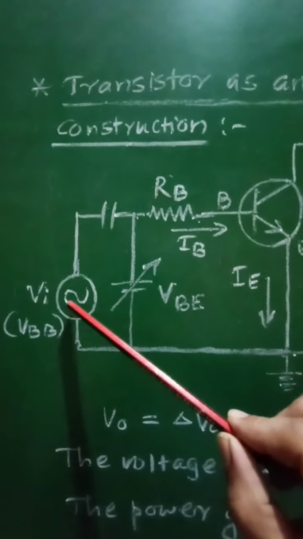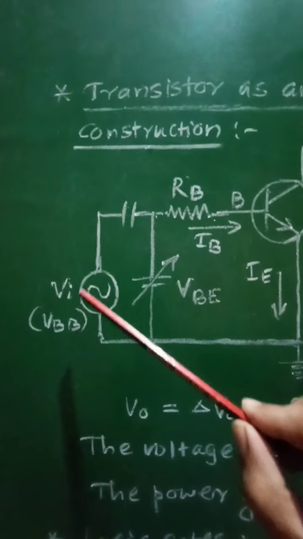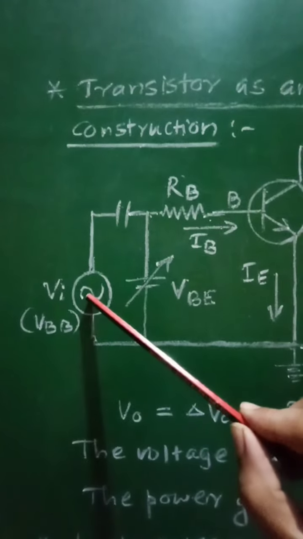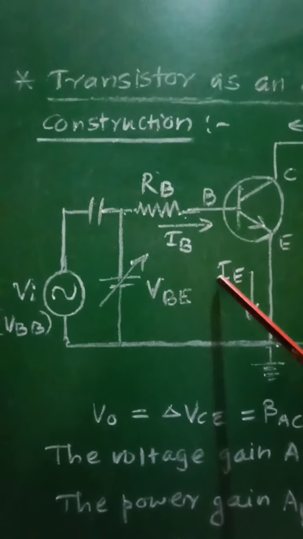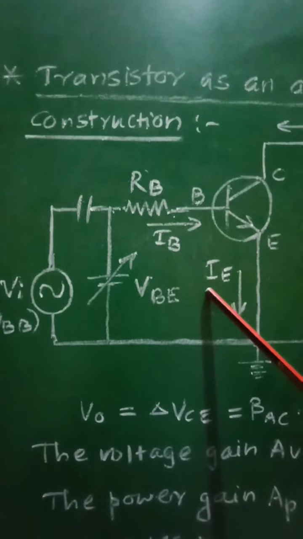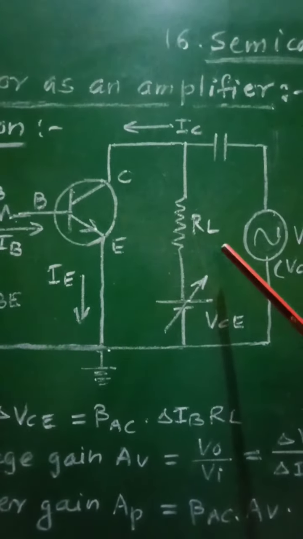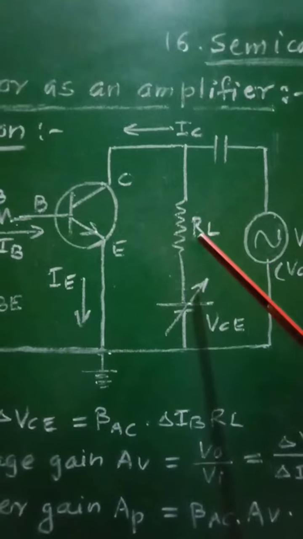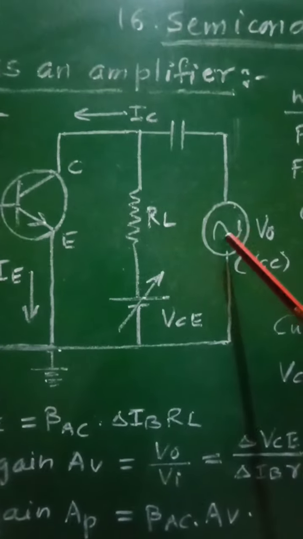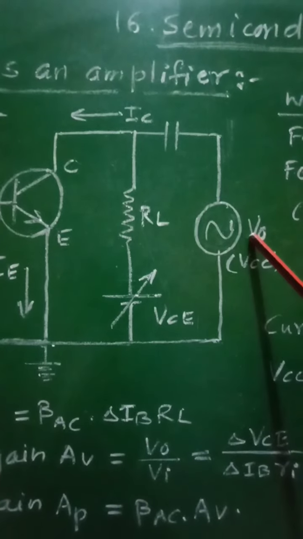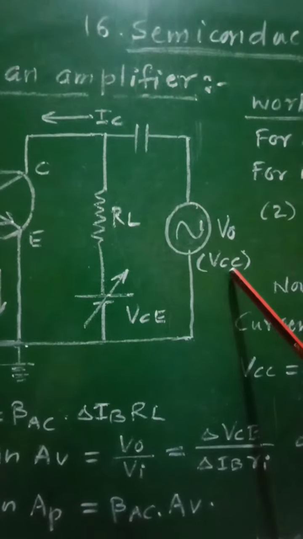That means the input voltage which we have to amplify, Vi, is connected between base and emitter of this transistor. Then the output voltage which will be amplified will be measured across this load resistance RL, that is Vo, which is equal to Vcc.